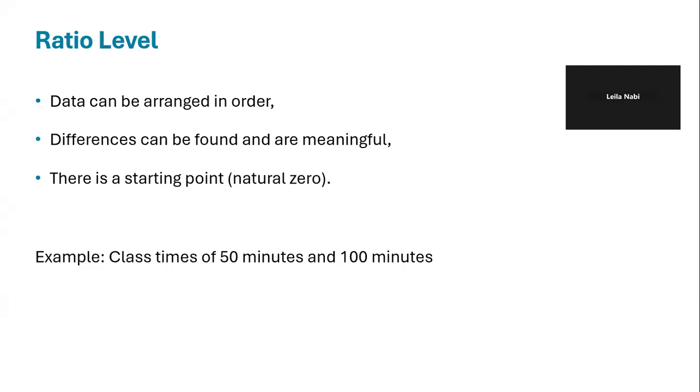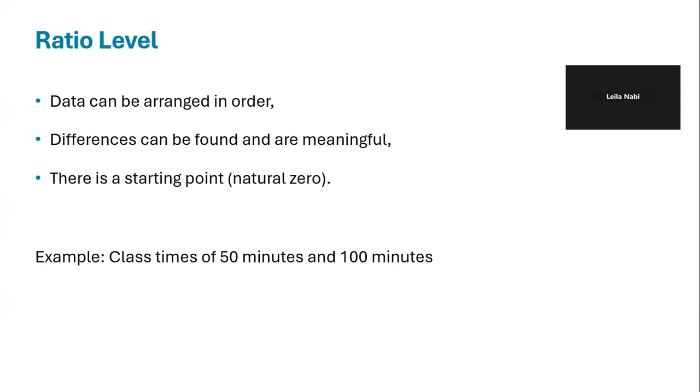Since they are numbers, I can put them in order and find the difference between the times of different classes. And I also have a natural 0. The 0 for class times is 0 minutes, because we don't have any classes with less than 0 minutes. So all classes must start from 0 minutes: 0, 10, 20, 50, 100 minutes. So this time we have a natural 0 and we call it the ratio level.